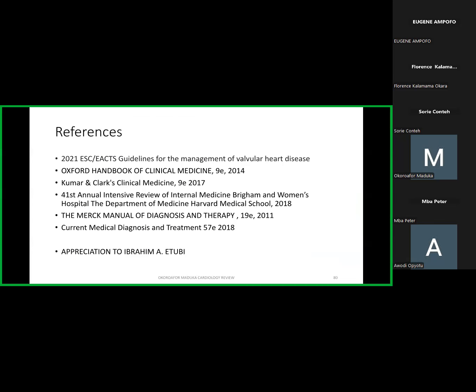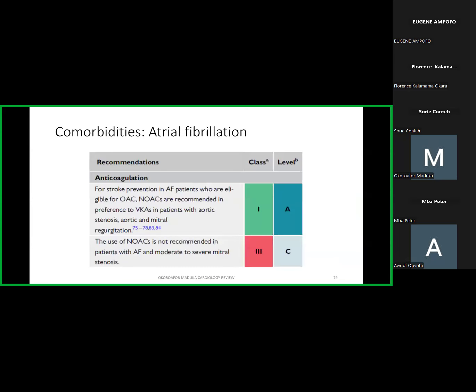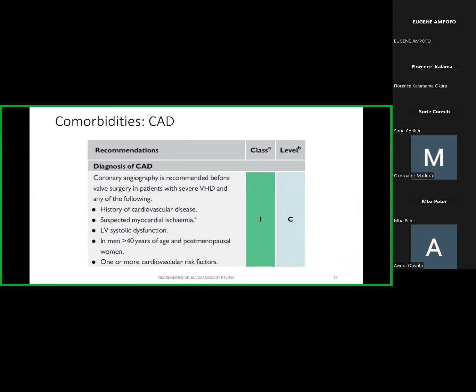So I'll start with the comments. In terms of the complication of aortic stenosis, you mentioned an important point that with the calcified aortic stenosis, those calcium deposits on the valves can actually embolize and cause stroke. And that risk is even more when they go for surgery.